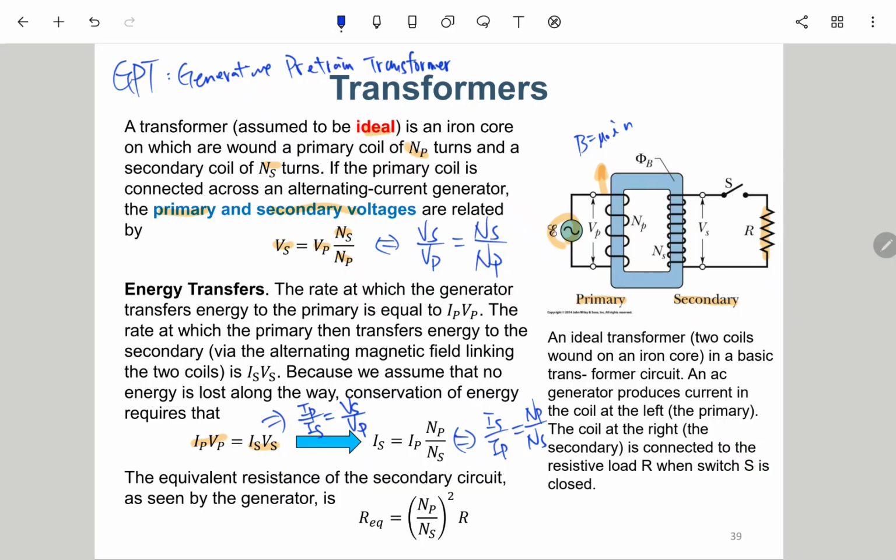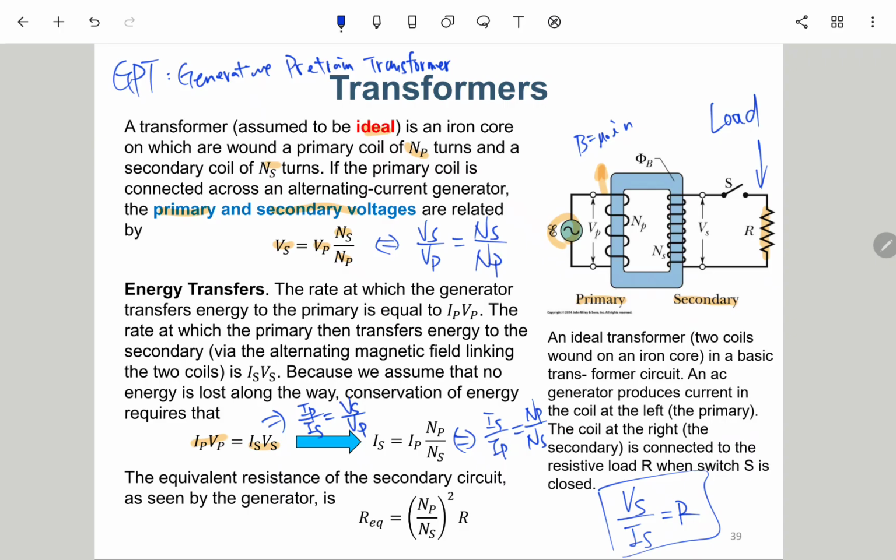We don't know what this load is. Maybe it is a line, maybe it is an equipment or anything resistive. So this power will be consumed by the load with a resistance R. So for the secondary coil, Vs over Is must be R. It should satisfy Ohm's law.